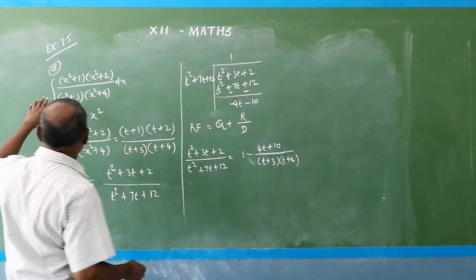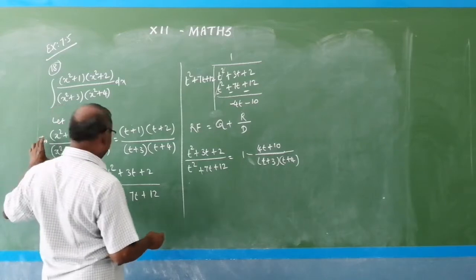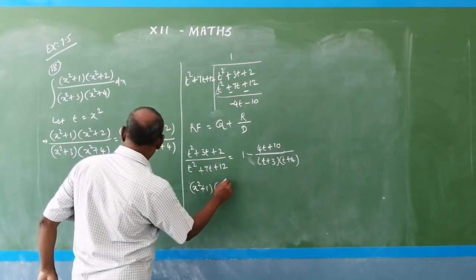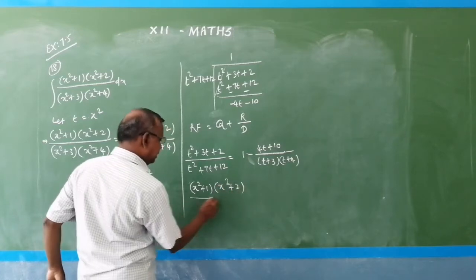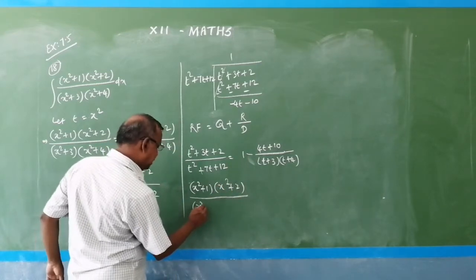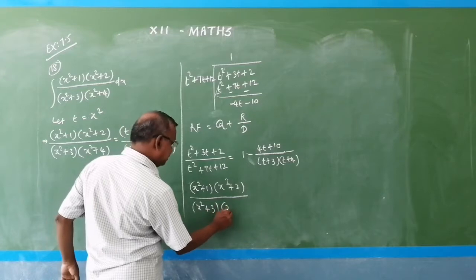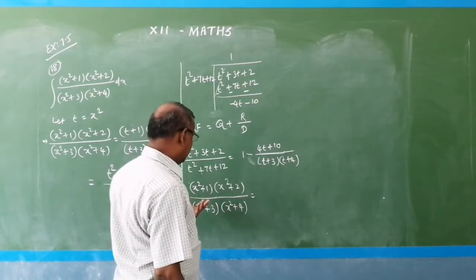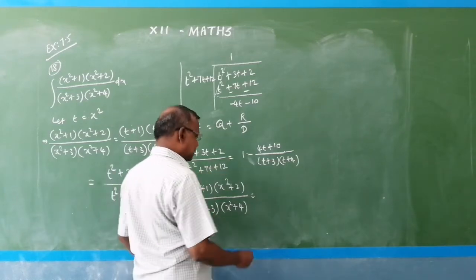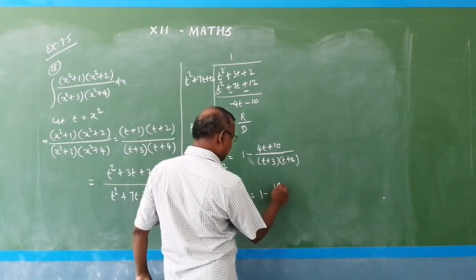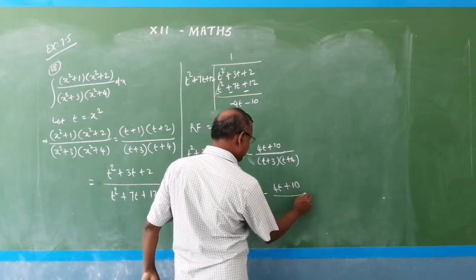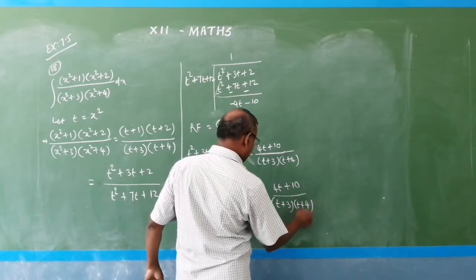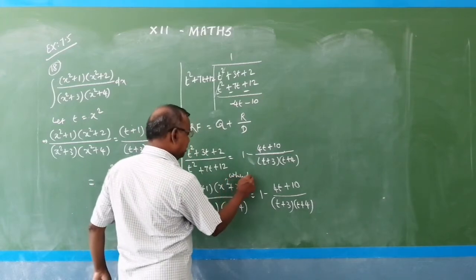Now the fraction, that is (x square plus 1) into (x square plus 2) divided by (x square plus 3) into (x square plus 4), can be written after substitution, that is, when substituting x square equal to t, we can split this as 1 minus (4t plus 10) divided by (t plus 3) into (t plus 4), where t equals x square.